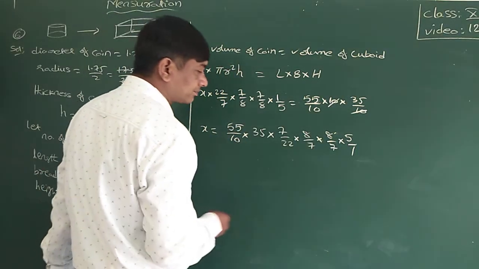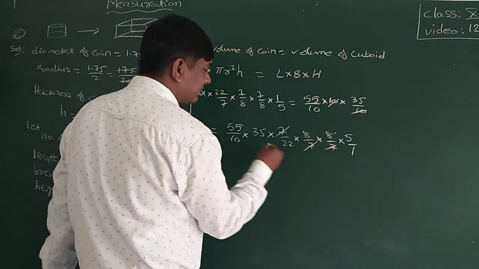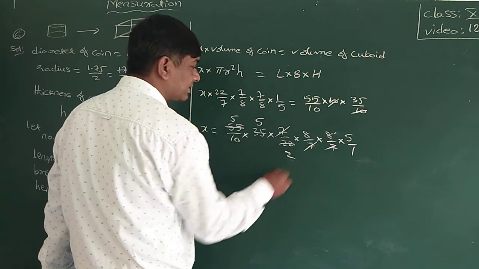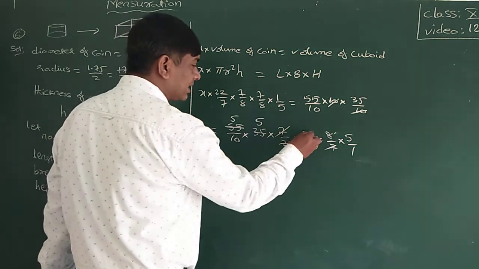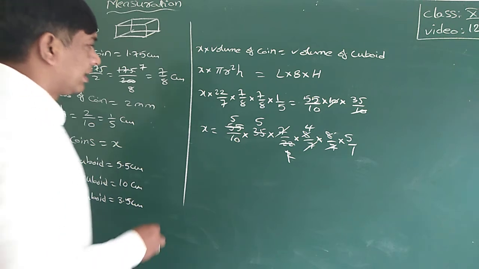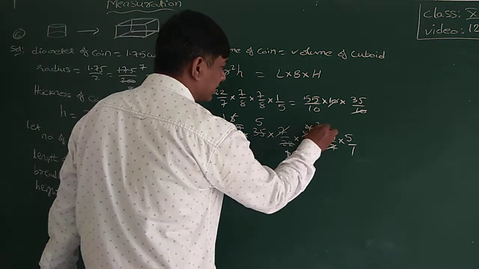Now 7 cancel, 7 1s are 7, 5 5s are 25, 11 5s are 55, 11 2s are 22, 4 8s are 32, 5 1s are 5, 2 2s are 4.